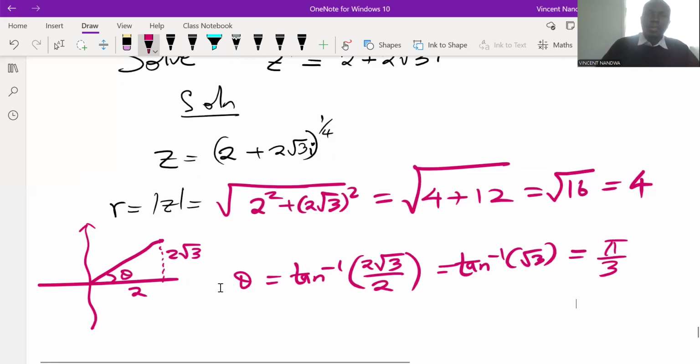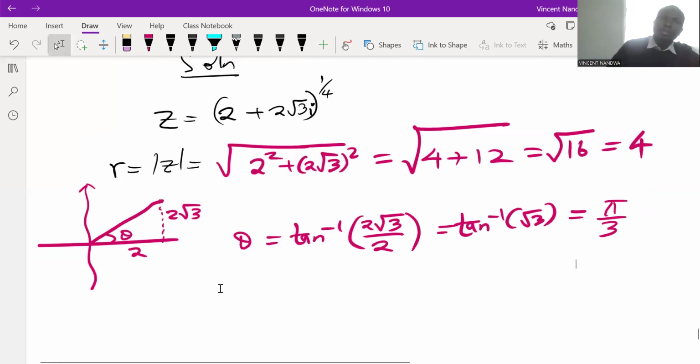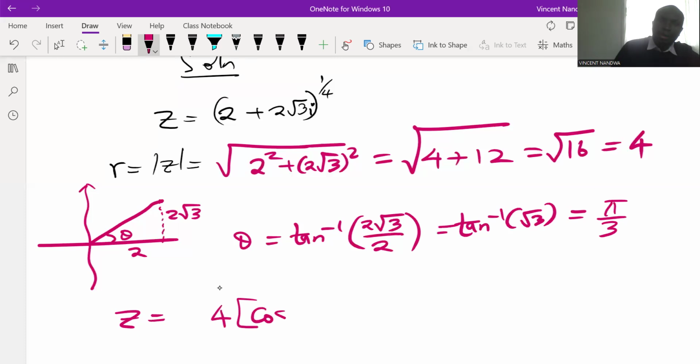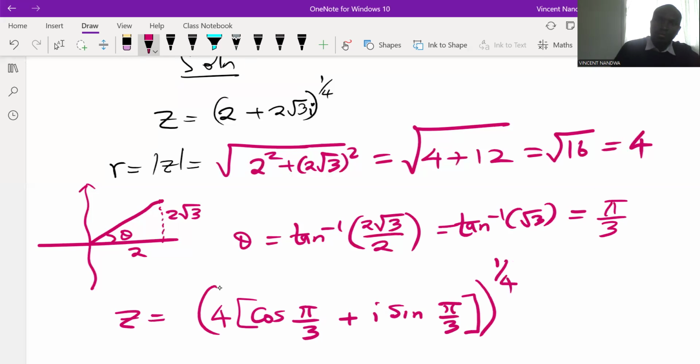So then now z is going to be the same as r, which is 4, times cos theta, which is pi over 3, plus i sine pi over 3, and then everything raised to 1 over 4.